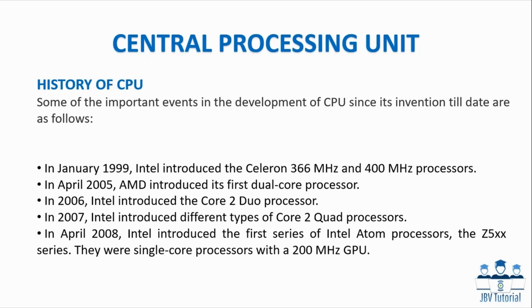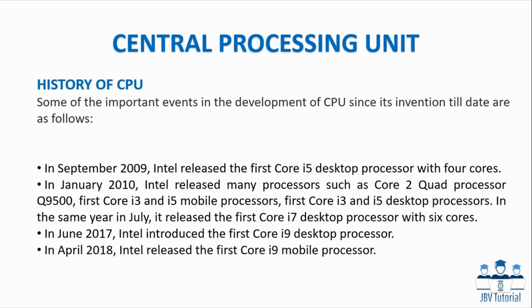In April 2008, Intel introduced the first series of Intel Atom processors, the Z5XX series. They were single-core processors with a 200 MHz GPU. In September 2009, Intel released the first Core i5 desktop processor with 4 cores.